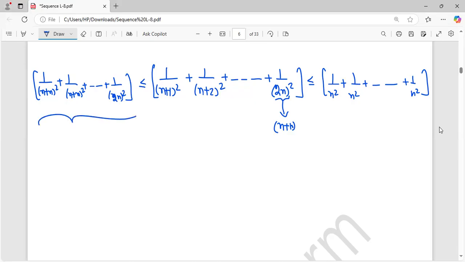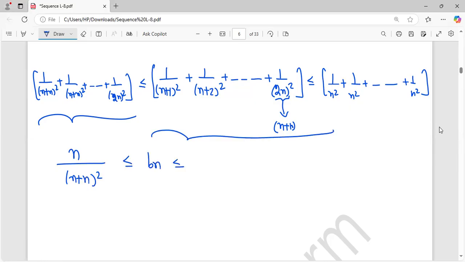So what is this then? These are n terms, each n upon (n plus 1) square, and this is nothing but the Bn sequence. And this is n upon n square. After solving, what do we get? n upon 4n square is less than Bn, which is less than n upon n square.